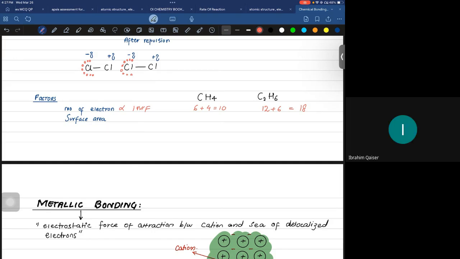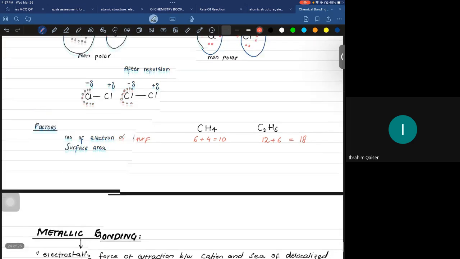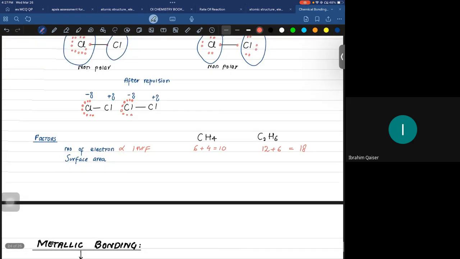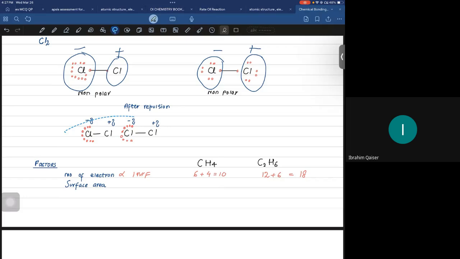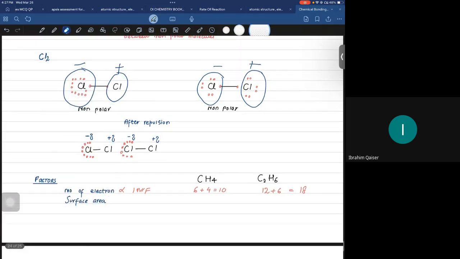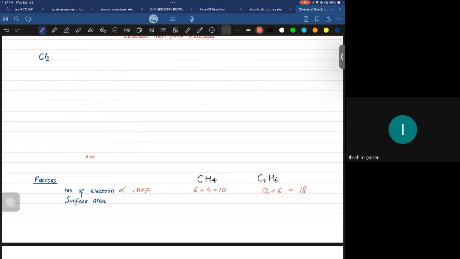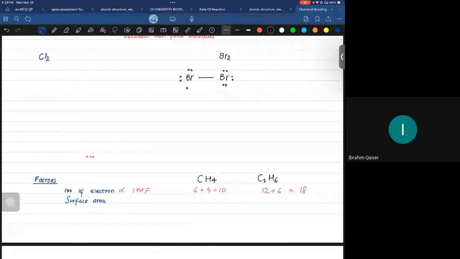Okay, sir, but wouldn't the electrons repel each other if you have more electrons? Yes, let me tell you. Let's suppose I was giving you an example of chlorine. Let's consider bromine, Br and Br. Of course, the proton number of bromine is higher than chlorine. Chlorine is 17.